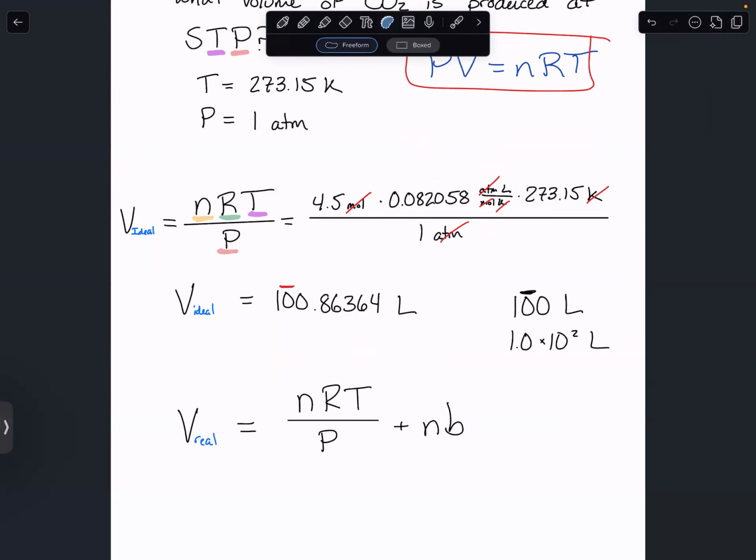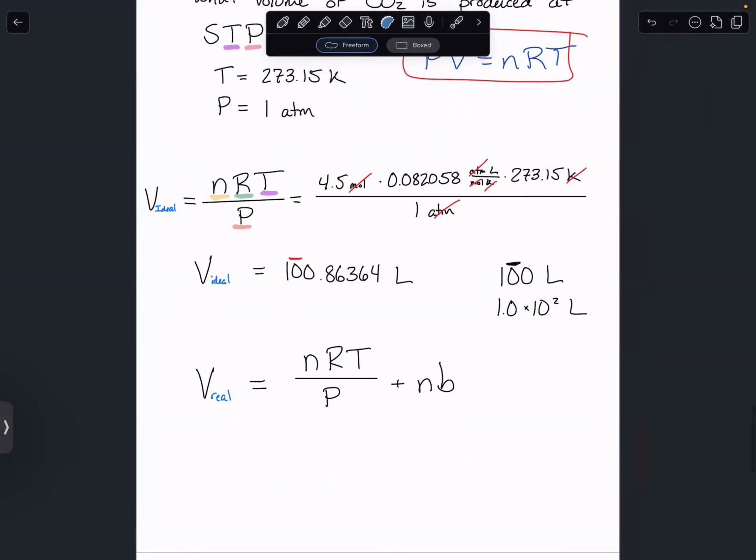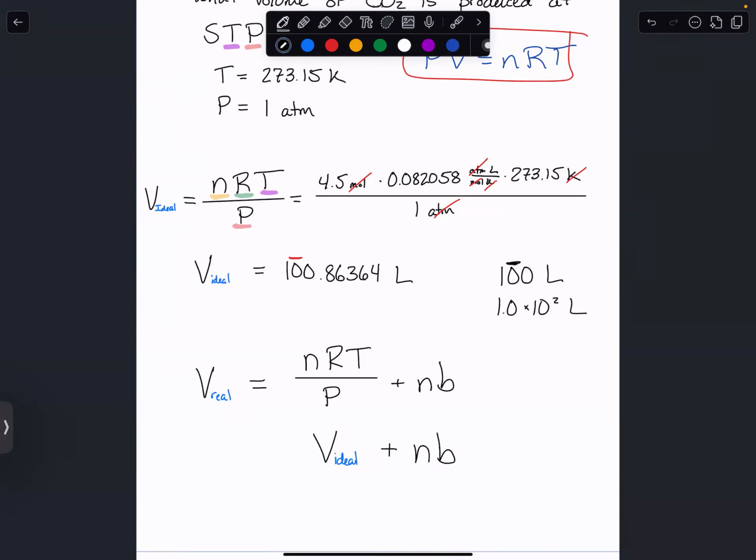All right, now we're going to ask the same question, but we're going to add this correction factor on there. Notice how this portion here is just our ideal volume. So ideal plus that correction factor nb will give us our real volume.